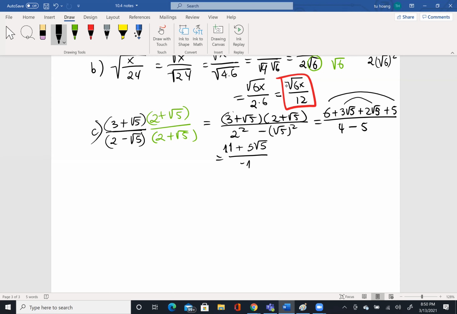And if you want to simplify one more time, you're going to have -11 minus 5 square root 5. So that should be the answer for this problem.